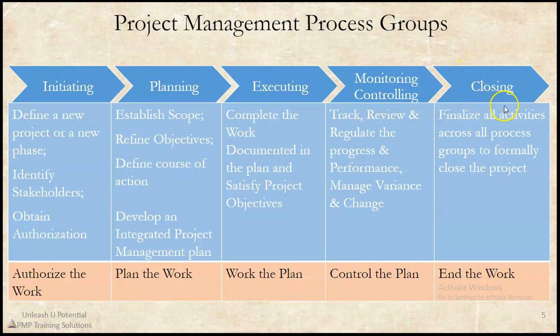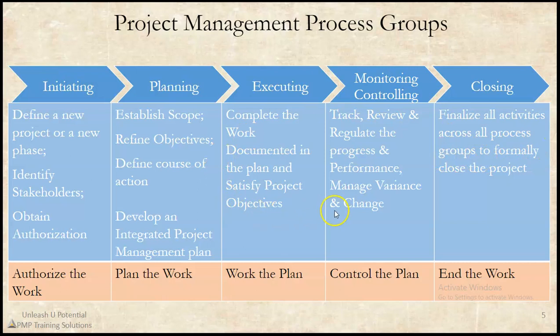Now, closing. From initiation, planning, execution, monitoring, a lot of things are happening, right? So much work has been happening. Now, at the time of closing, what do we have to do? We finalize all activities across all process groups.